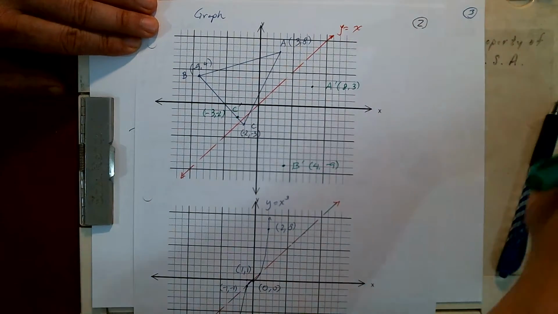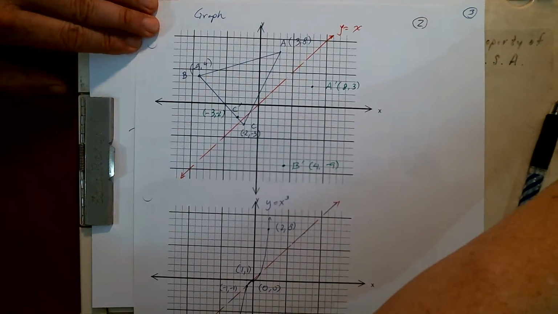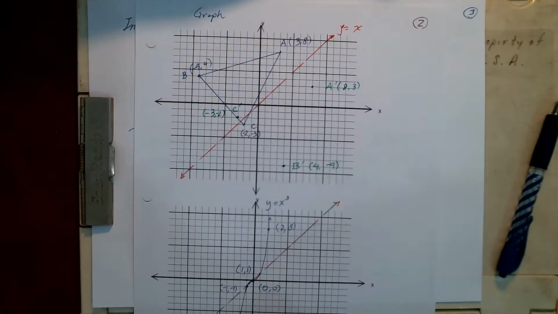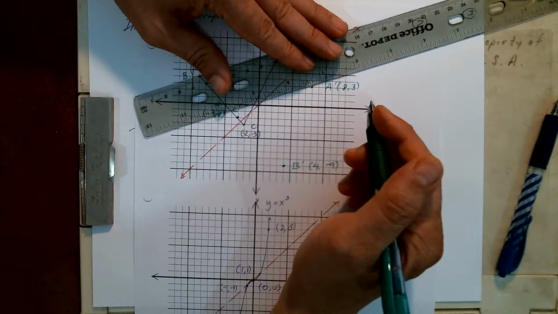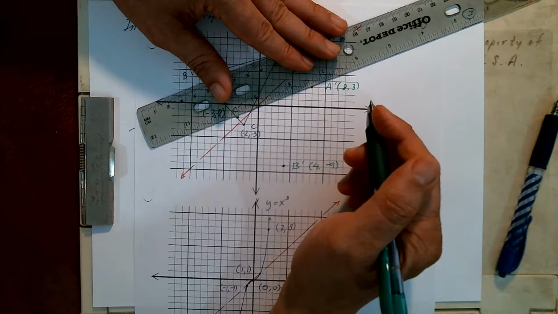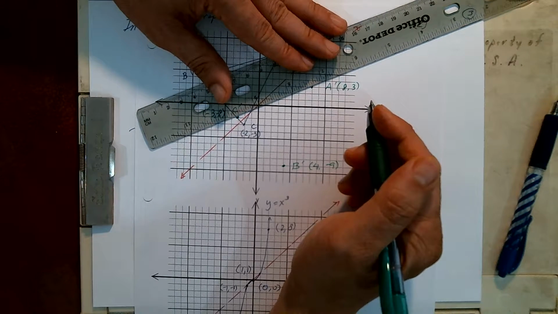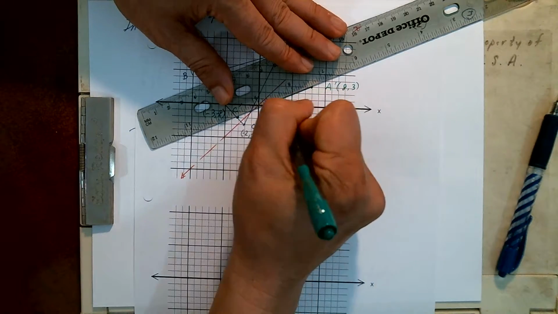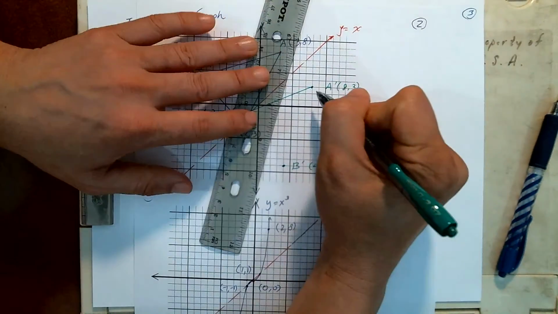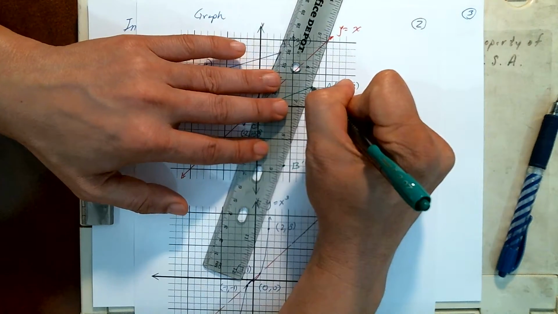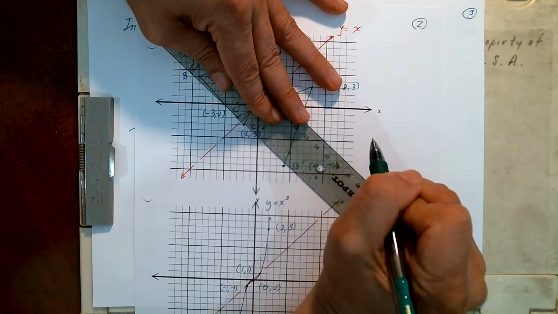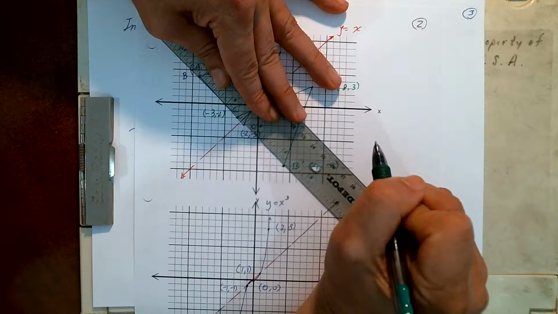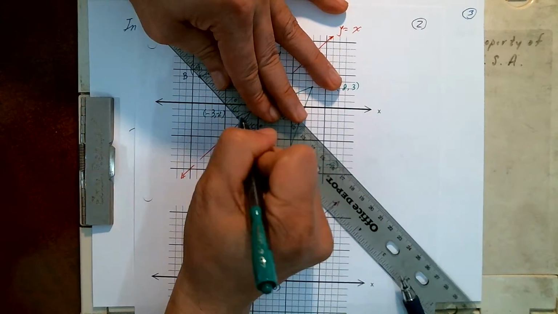And what we're going to do is just take a ruler. I have a ruler with me right here. And we're just going to connect the dots. Remember that? Kindergarten? Connect the dots. And here we go. Here's B prime, and right over there, that's C prime.